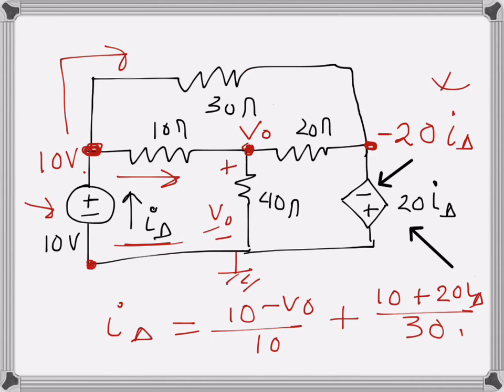Now let's write another KCL equation for this particular node, which is V naught here. When we write KCL for that node, we write all the currents as leaving currents. So the current through this 40 ohm resistance in that direction will be V naught over 40.